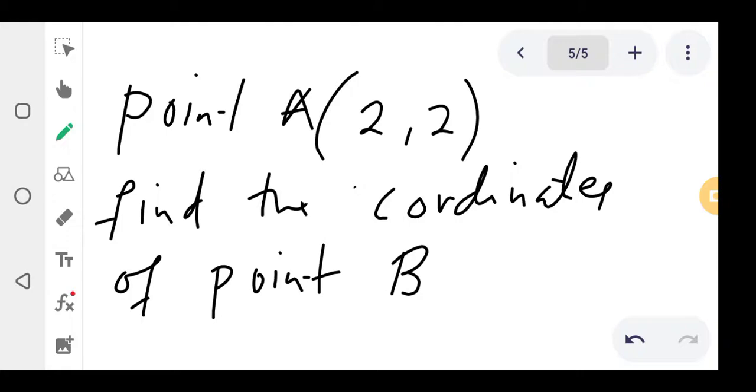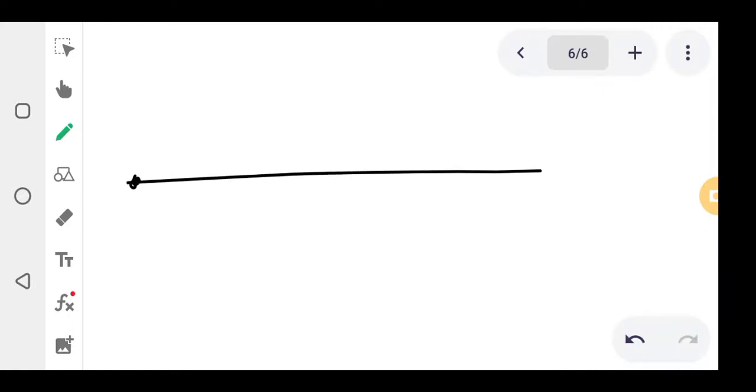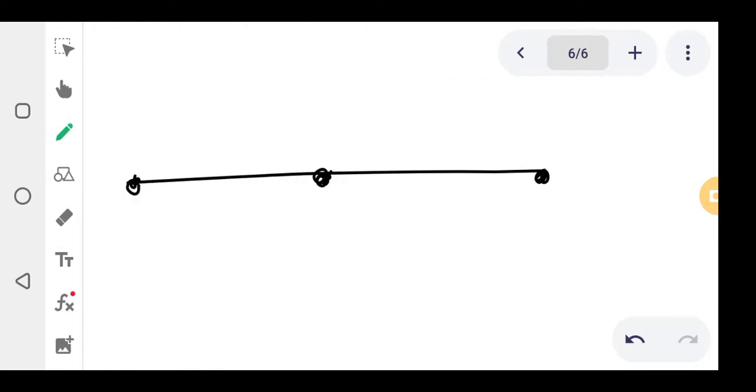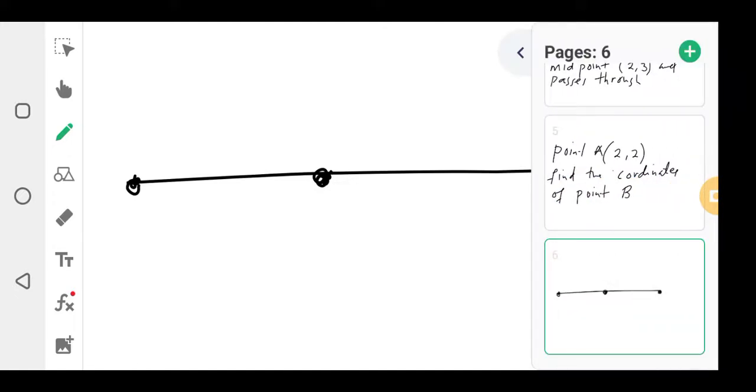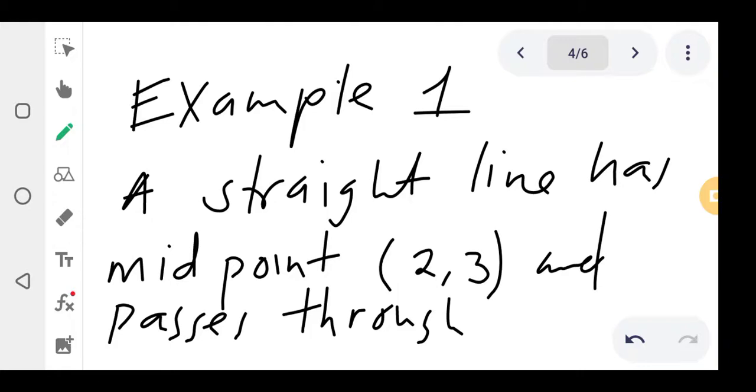So a simple illustration of what they're saying. They're saying a straight line. To draw it, just to make you understand, if this is a straight line, there is a midpoint here, and the midpoint is (2,3). I'm illustrating so that when you're calculating you don't get confused, guys.